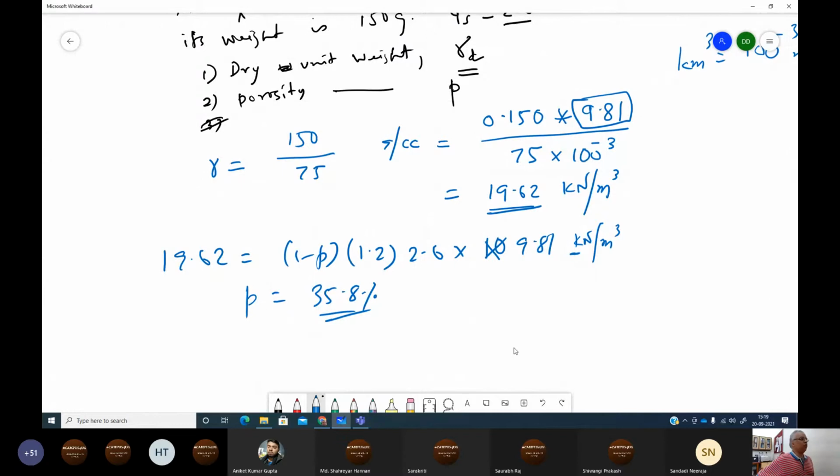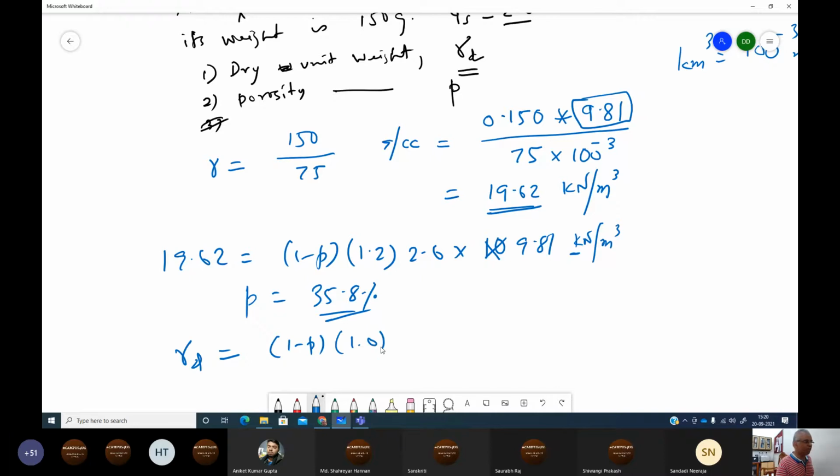Now tell me, how do I find the dry unit weight, gamma D? Who will tell me that? It is now very easy. You have already told me where I got this from. This can be done in many different ways.